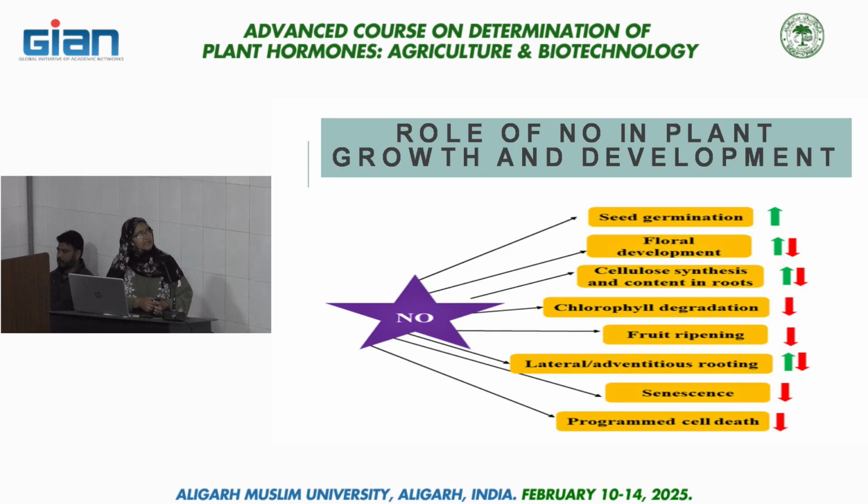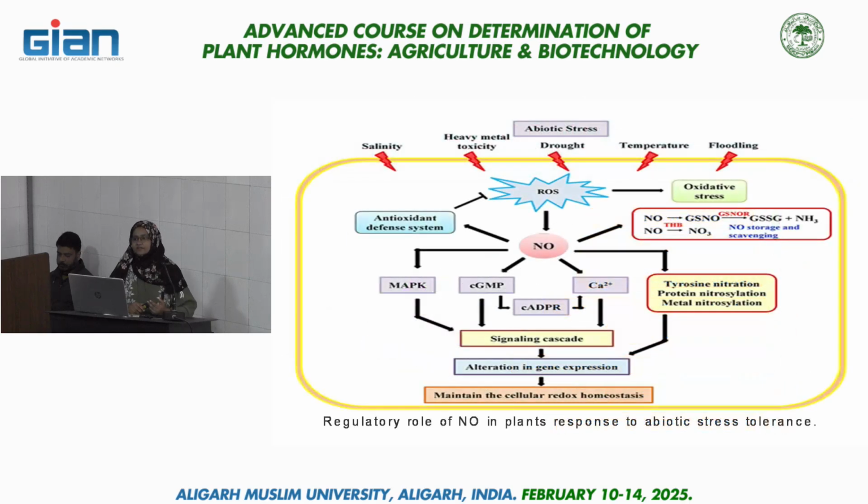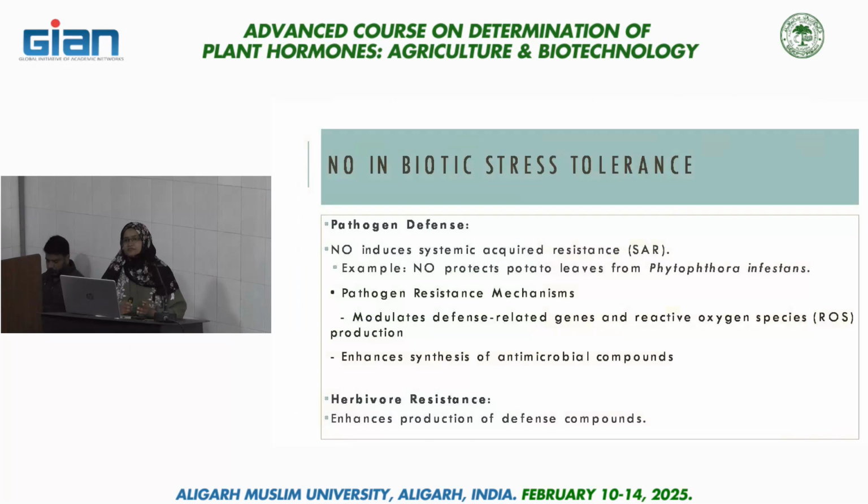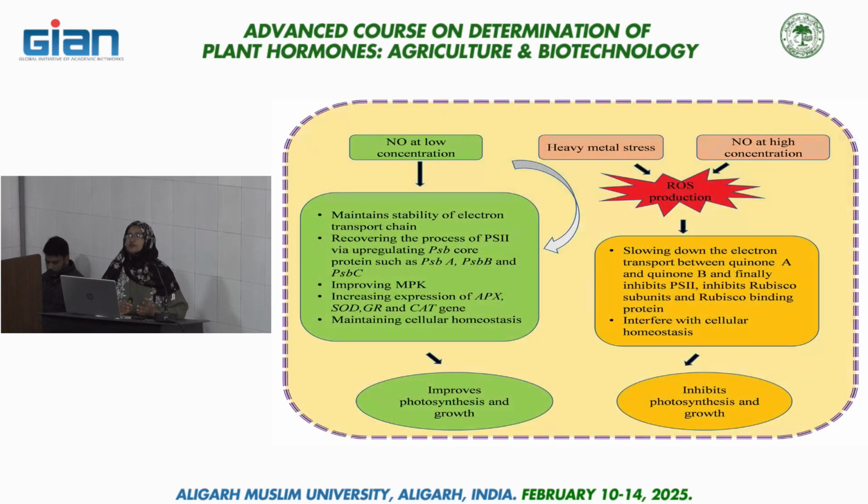And as you can see in this figure, NO at low concentration maintains the stability of the electron transport chain, recovers different PS2 activities, improves the MPK pathway, and also increases antioxidant defense genes like APX, SOD, GR and CAT, and that maintains total cellular homeostasis, as we have discussed earlier, which is very important for signal transduction, because if the level exceeds, what will happen?